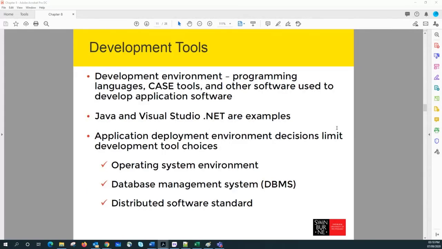If I go through one by one, consider the developments that we have at the moment, or with the market. For example, if you think about developing the system in-house, then we have different programming languages, different computer-assisted software engineering tools, and other software used to develop the application software.